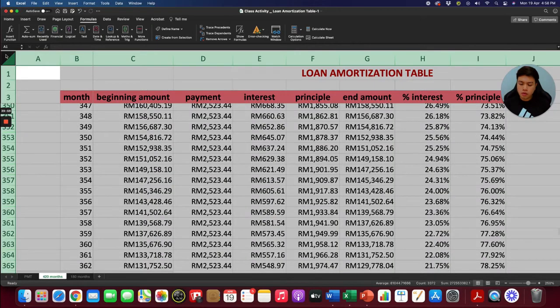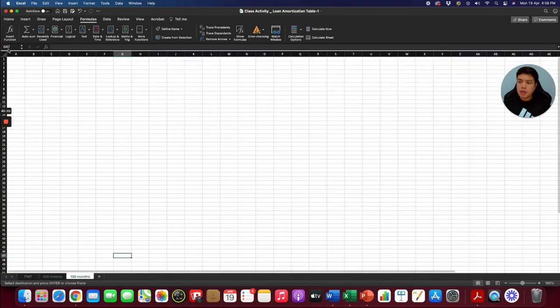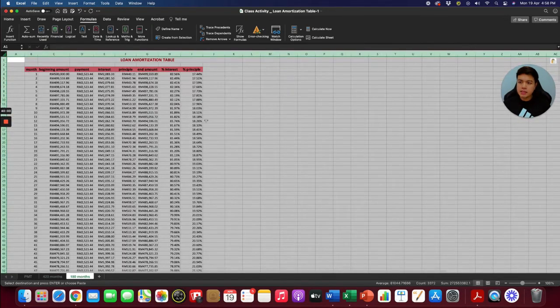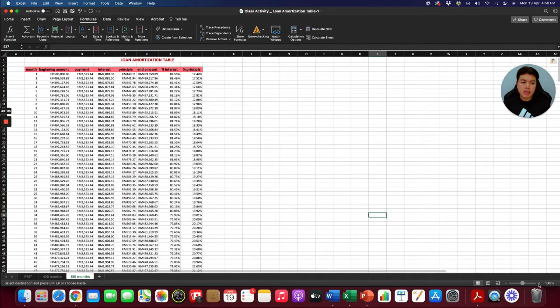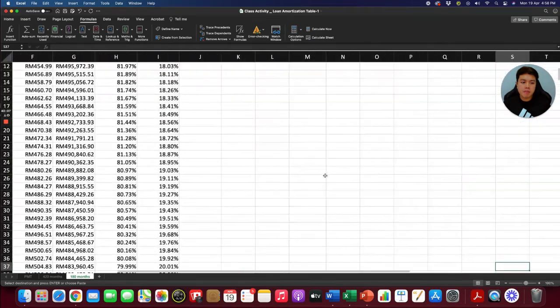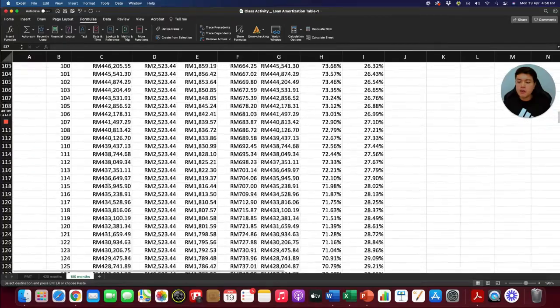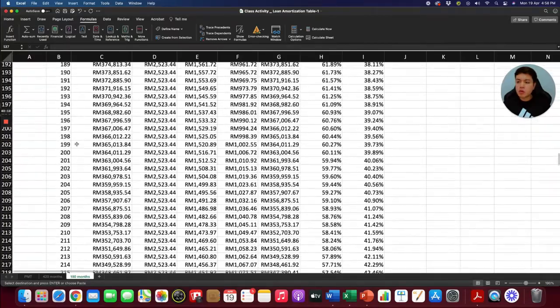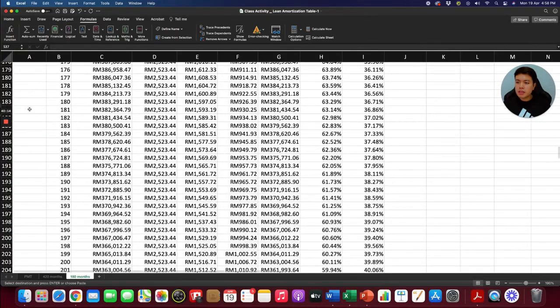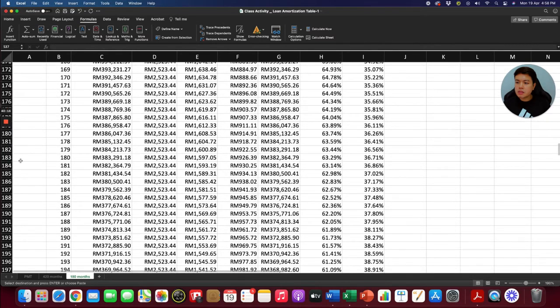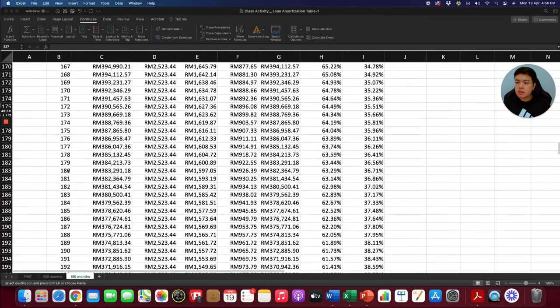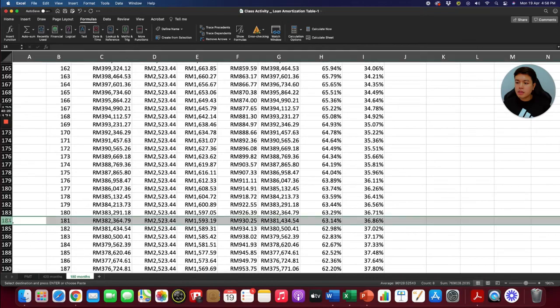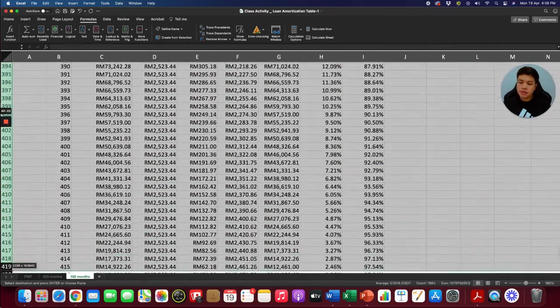So what you can do, copy everything, copy and then paste. Okay, let's make it bigger. Okay, but this is for 180 months only, so you can delete after 180 months here. Okay, after 180 months you don't want it, so you can delete.